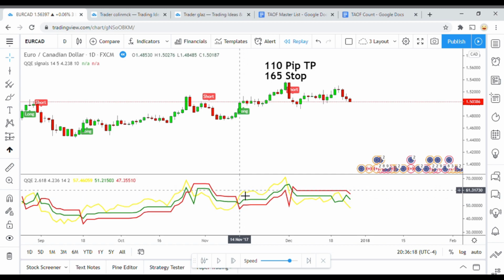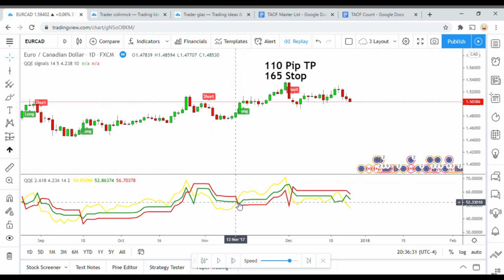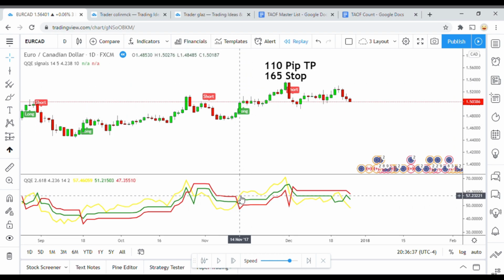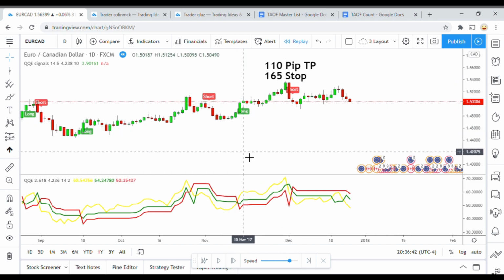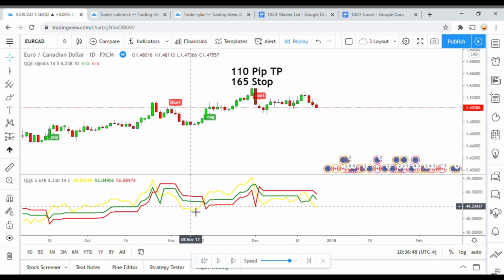The green broke above the red, and at the same time the yellow, the signal line, broke out to the upside. And so in that scenario, we have green above red, saying it would be a long trend, and the yellow signal line breaking out, confirming that that trend is valid and we should be taking a trade at that point.